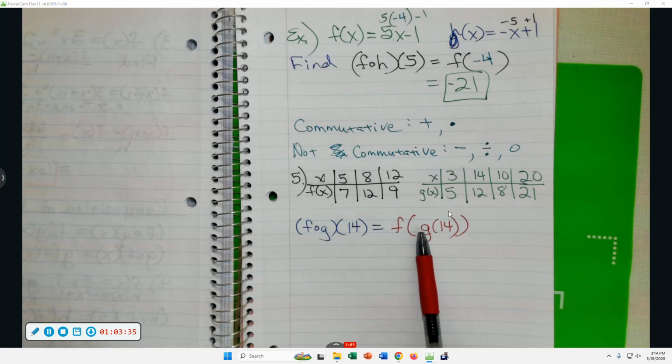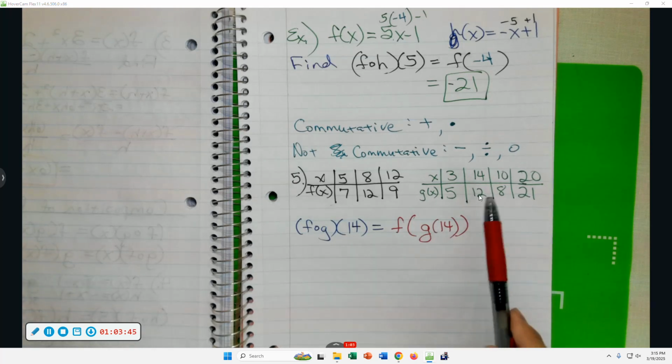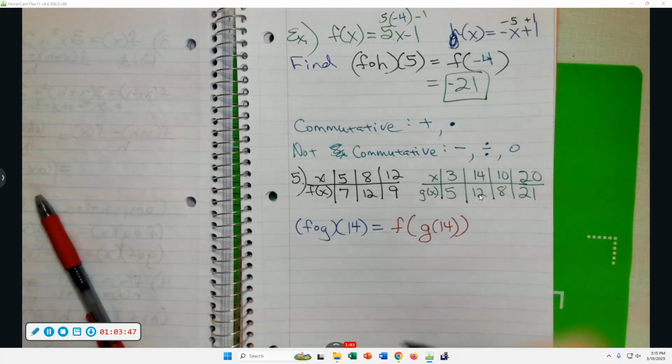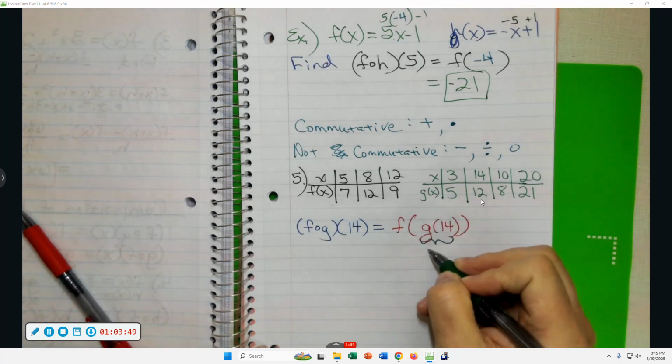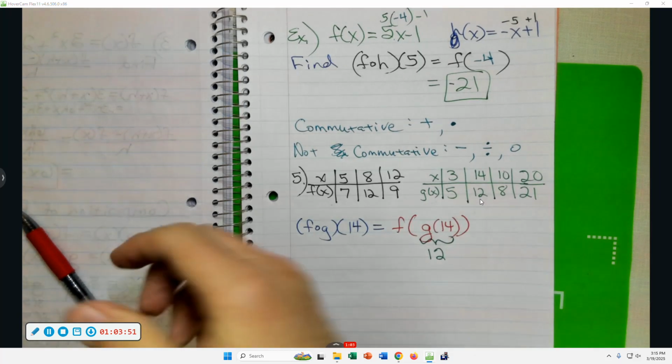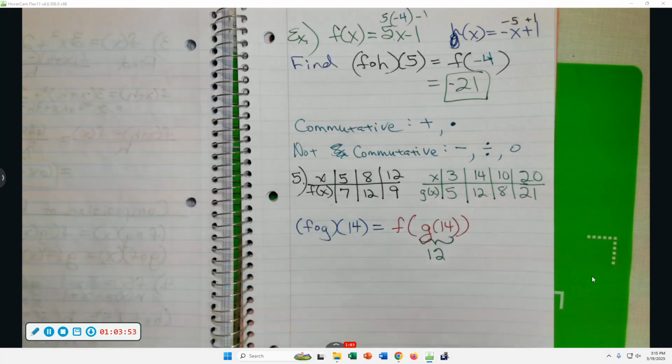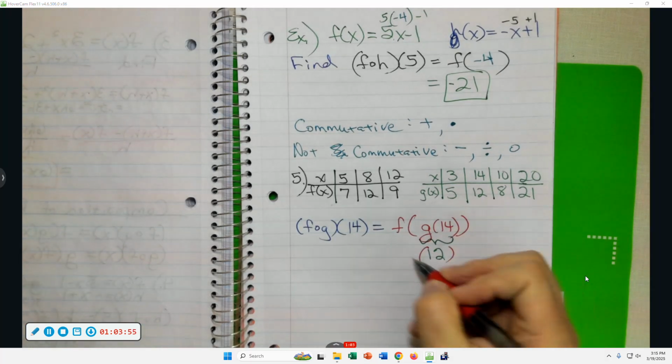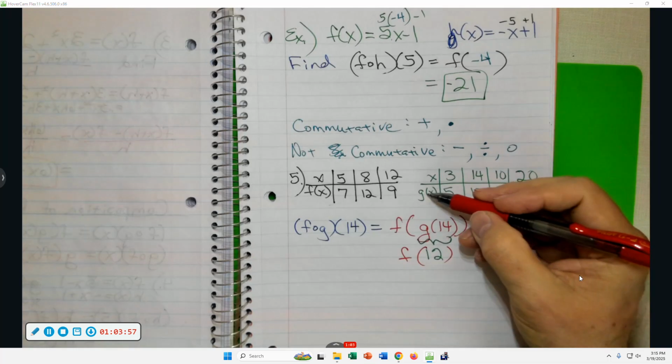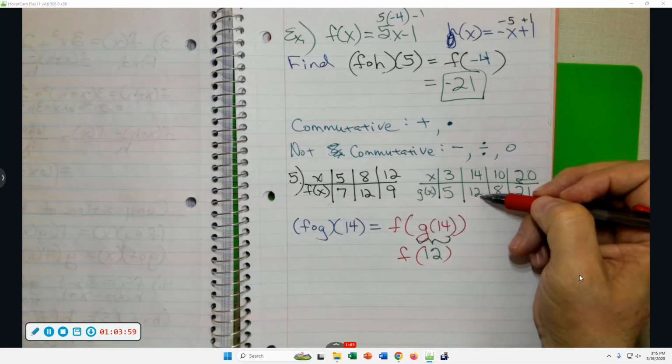The table G assigns 14 to what number? You go to G, 14 is assigned to 12. G assigns 14 to 12.